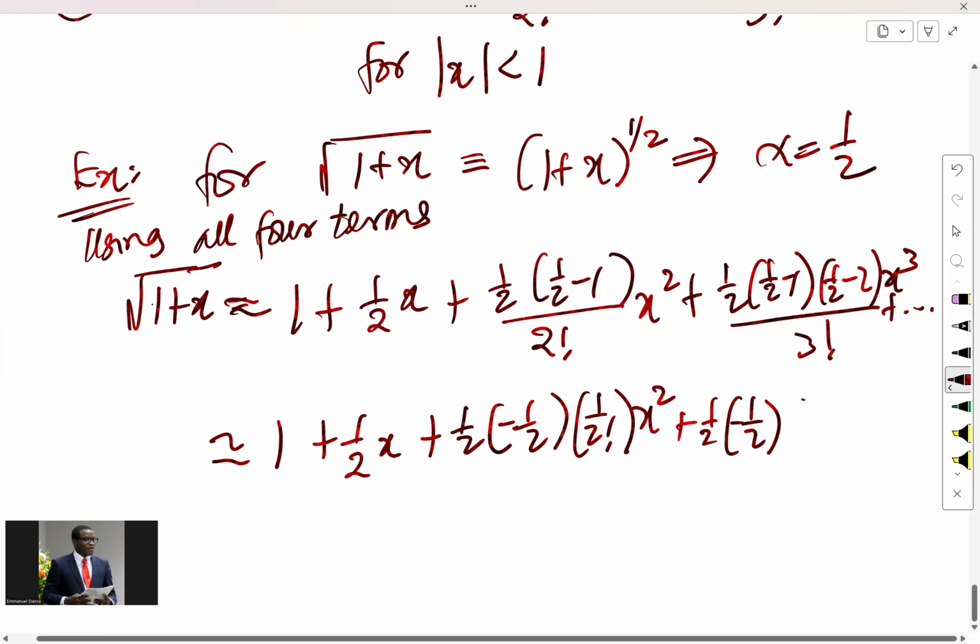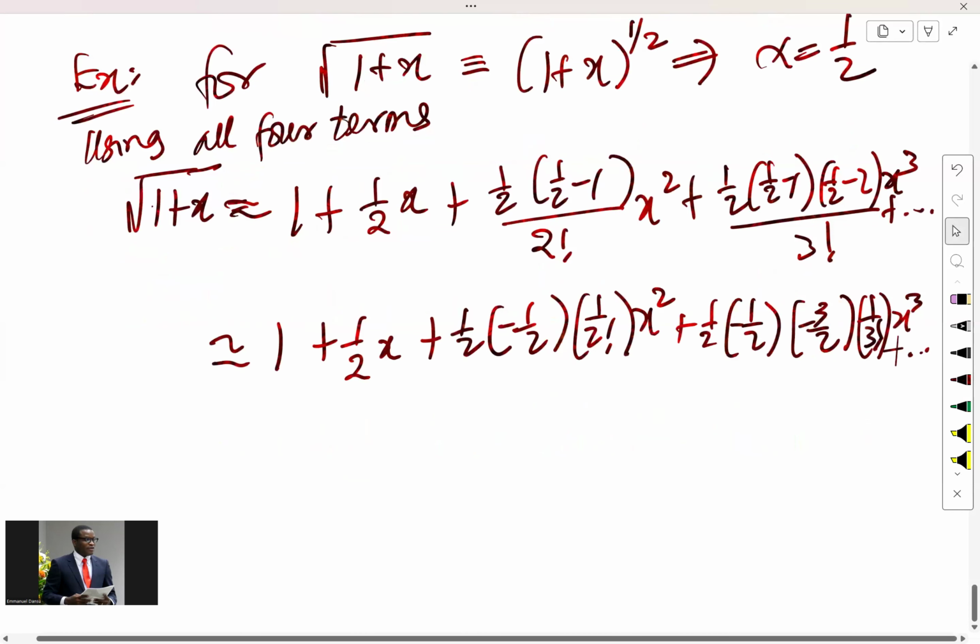Then half minus 2 is minus 3 over 2, I believe. Yeah, minus 1.5. So that's minus 3 over 2. And then this 3 factorial can come as 1 over 3 factorial, so we can have it that tidy. Then x cubed and all the rest continues. So we are still tidying things up.